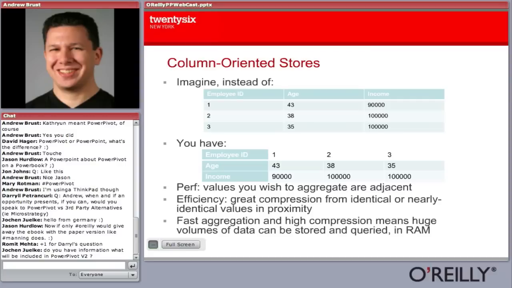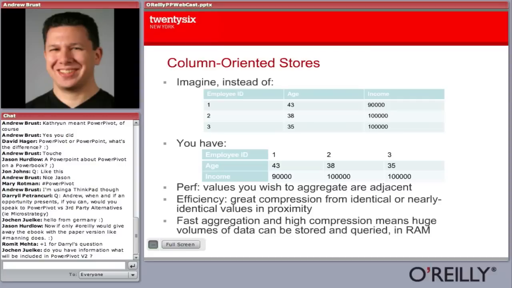So we get two really nice things here, right? We have the fact that everything's next to each other, which makes aggregating fast, and because we have all this compression, we can actually put the entire data model in memory.